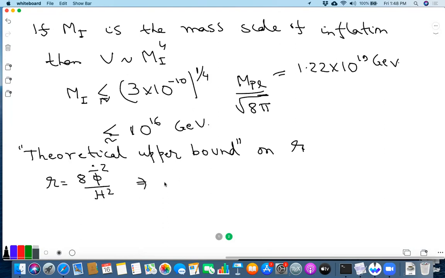So this I can rewrite as phi bar dot as square root of R over 8 times h.